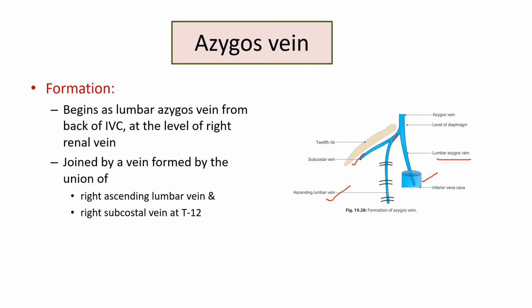So you can see in this picture the lumbar Azygos vein originating from the back of the inferior vena cava and joined by a vein formed by the right ascending lumbar vein and right subcostal vein. The union of these two veins takes place at the level of T12 vertebra.